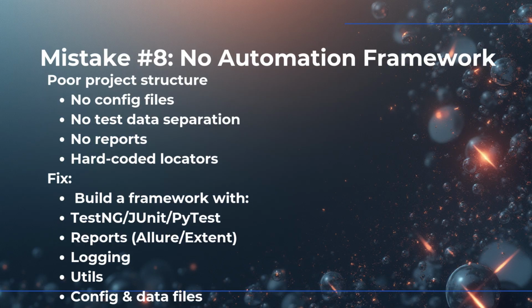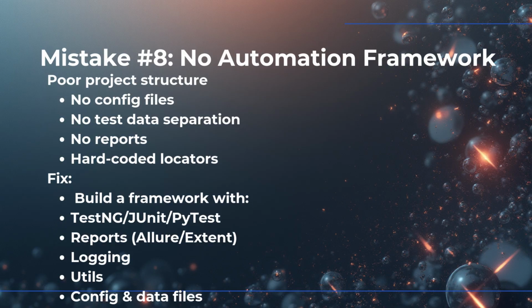If you're just running your automation like one simple script, with everything hard-coded, and you're not even generating test reports and logs, then it's called no framework. But that is not how it works, and that is not how it is required.